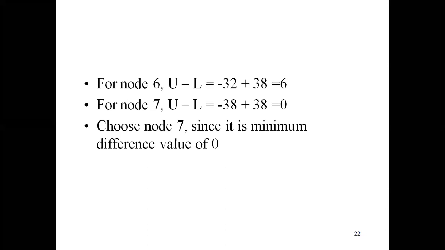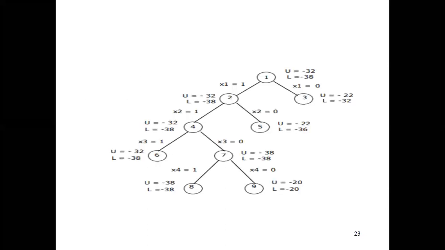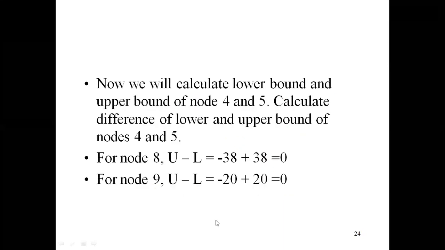So choose node 7 since it has the minimum difference value of 0. So when you construct the tree like this and calculate the lower bound and upper bound, for node 8 and node 9, the upper bound and lower bound differences are 0 and 0.